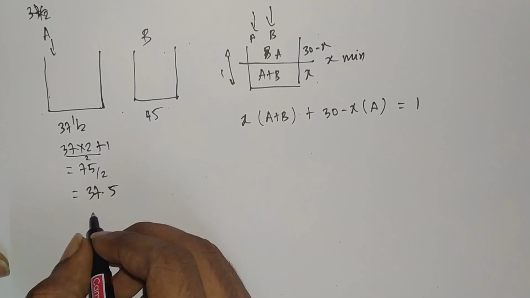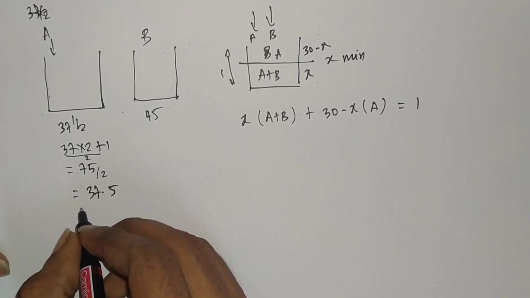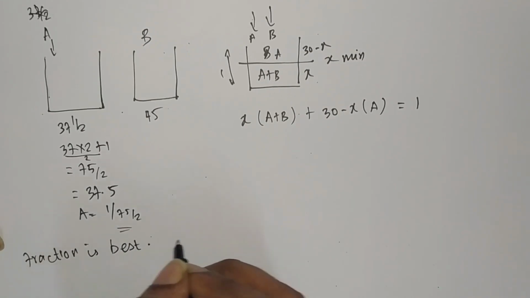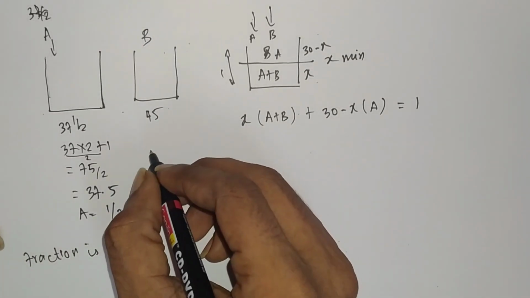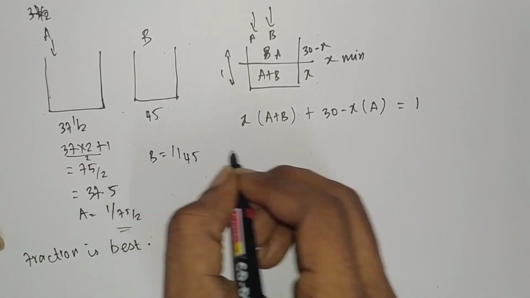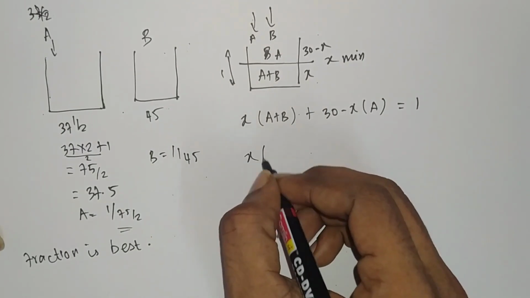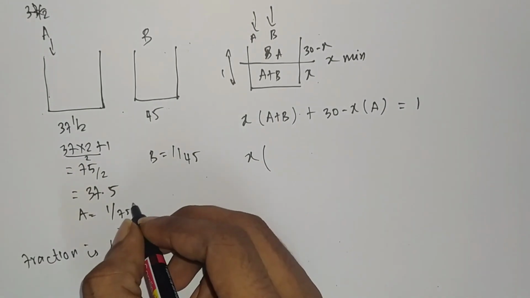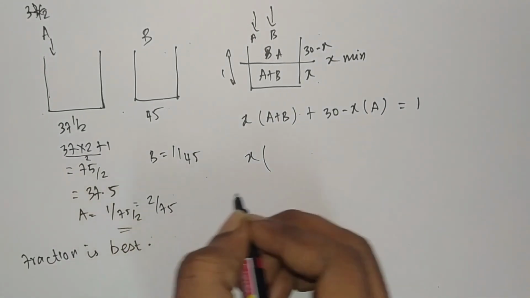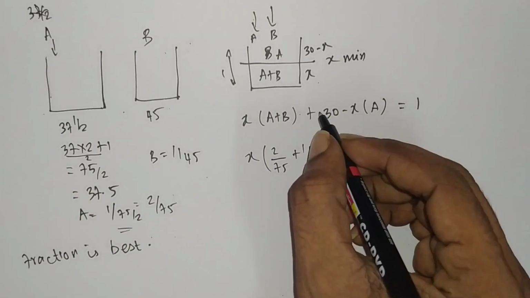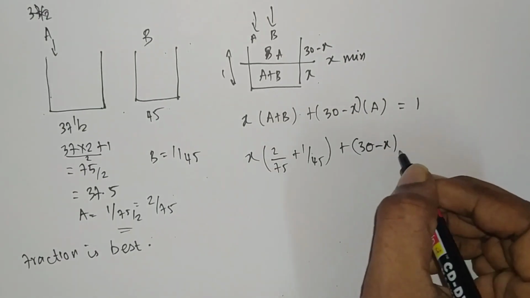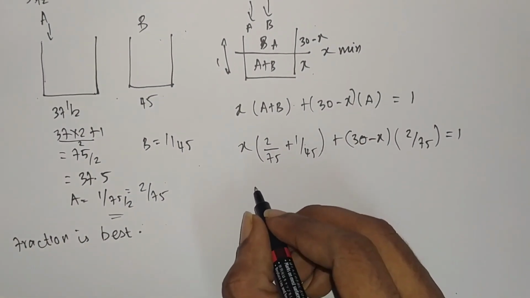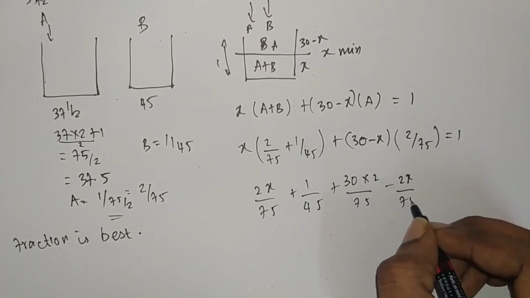For aptitude, always keep the numbers in fraction. Don't use decimals because fractions might eventually get cancelled out. A is 1 by 75 by 2 and B is 1 by 45. Now substitute A and B in the equation to get X. Sorry, I made a mistake in the bracket.